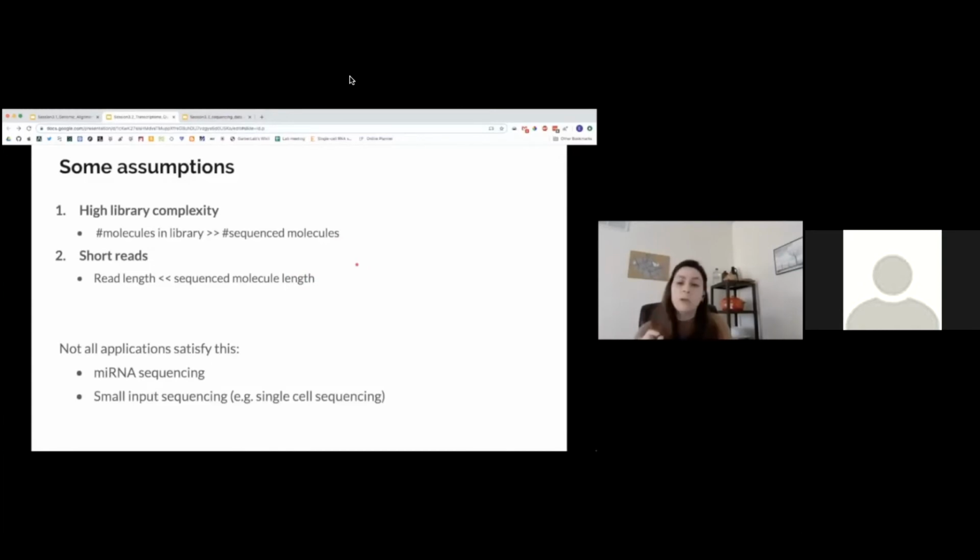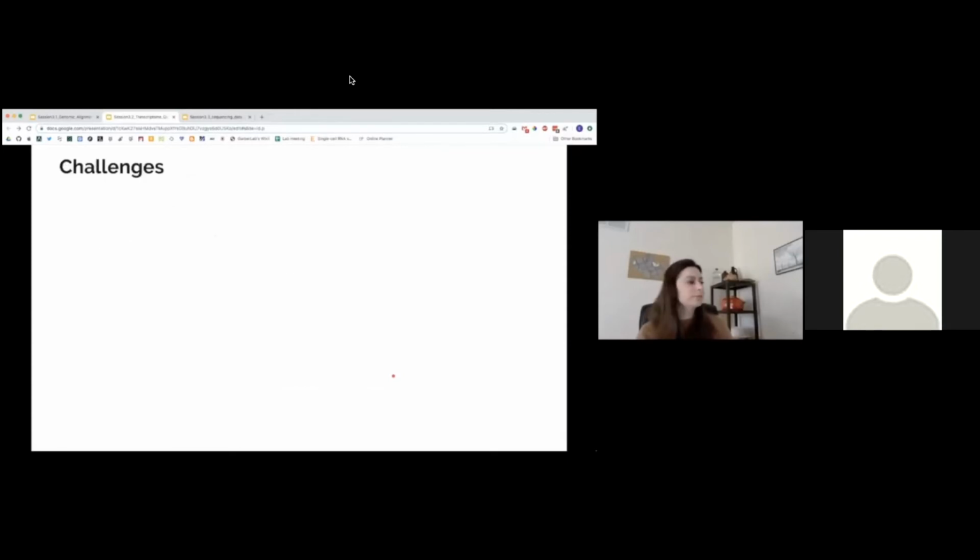And if you have small input sequencing, for example, single cell sequencing, you also cannot assume for a single cell that the number of sequence molecules is smaller than the number of molecules that were present to begin with. So we deal with it in different ways. We have other ways to get around the amplification problem, and I'm not going to go into it now. I just wanted you to keep in mind that not all applications will satisfy these two assumptions we're going to talk about.